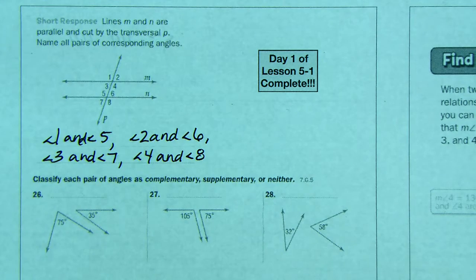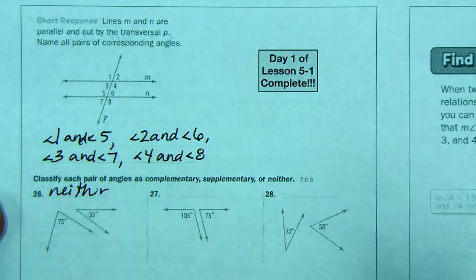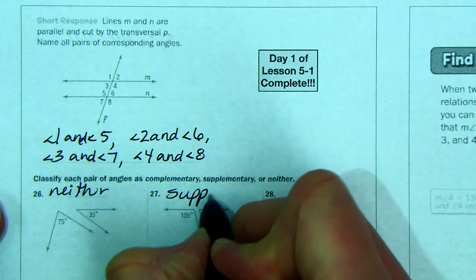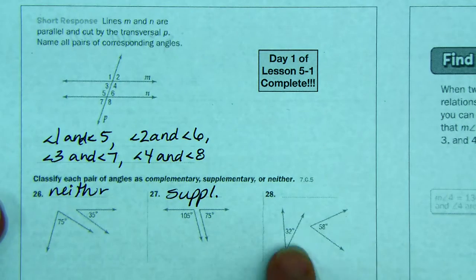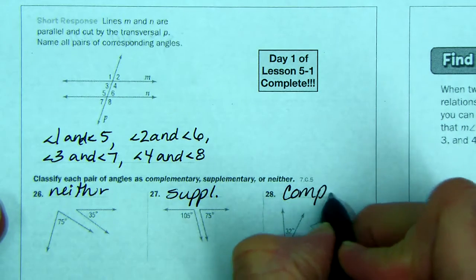All right, here are some of our old terms that we did on Friday. So classify them as complementary, supplementary, or neither. Remember, complementary adds up to 90, supplementary adds up to 180, and neither doesn't add up to either. So 75 plus 35 is 110. That's a neither. 105 and 75, that's 180. That's supplementary. And then 32 plus 58 is 90, so complementary.